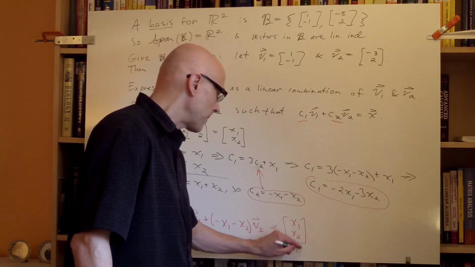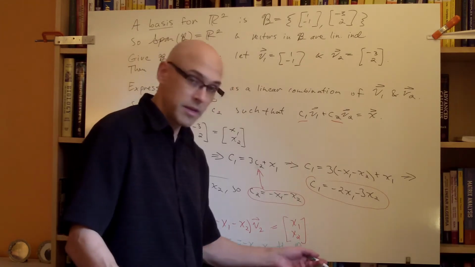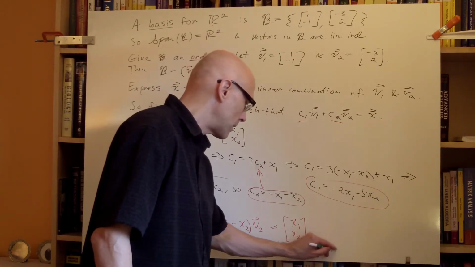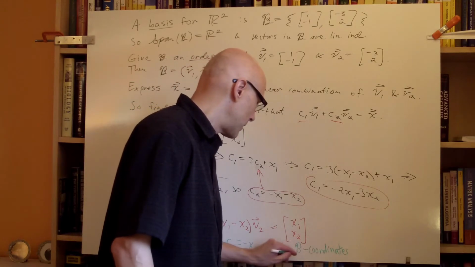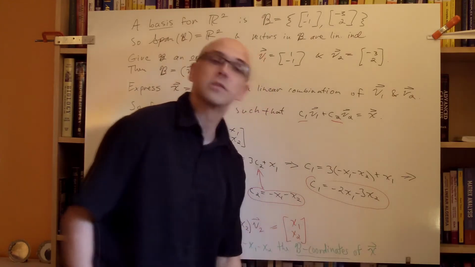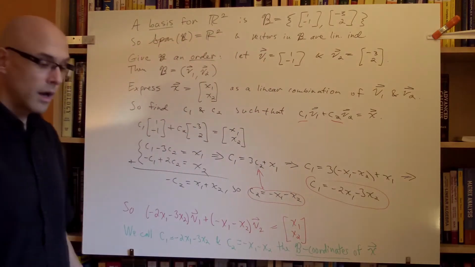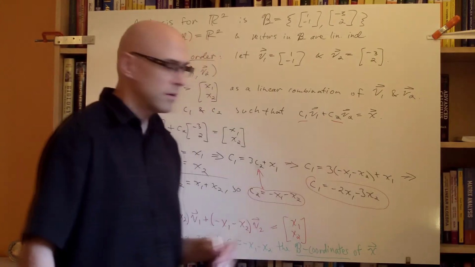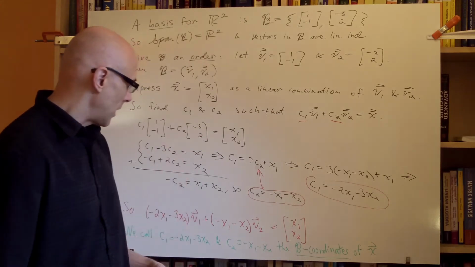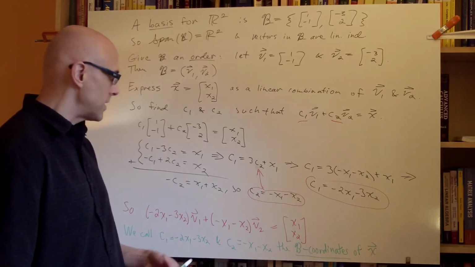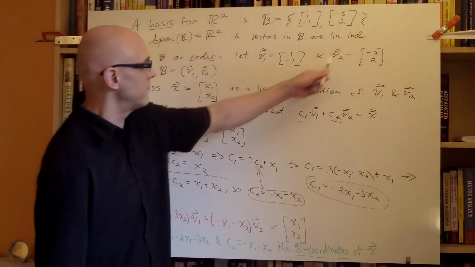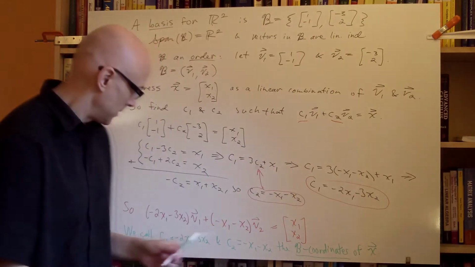We call them, well, I use the term, as many books do, the B coordinates of the vector x. I believe that the textbook you're using for this course says something like the coordinates of x with respect to v1 and v2 or something like that.